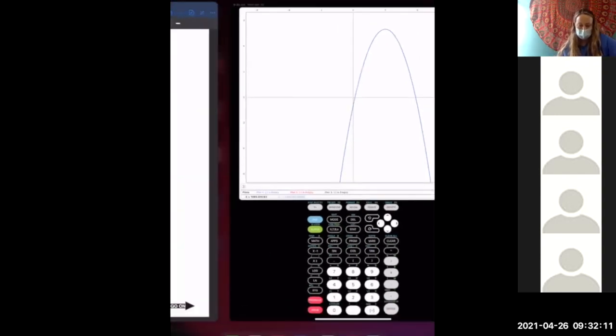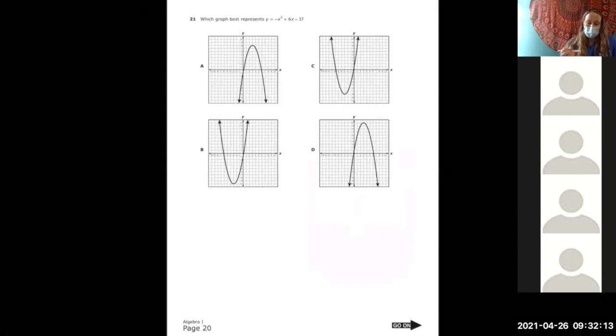So we can look at this graph and we can automatically cross off B and C. And so now it's between A and D. The difference between these two graphs is that the top of this one is at 3.8 and the top of this one is at 3.10. So we need to figure out, does our graph look like the top is at 8 or at 10?